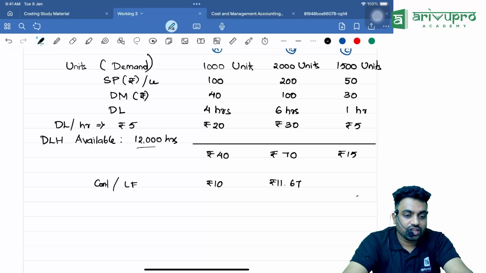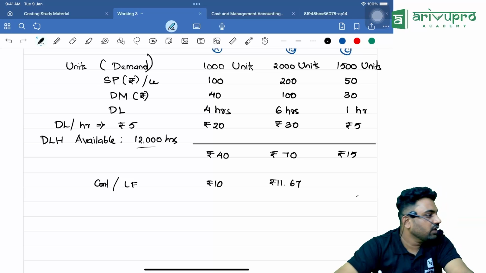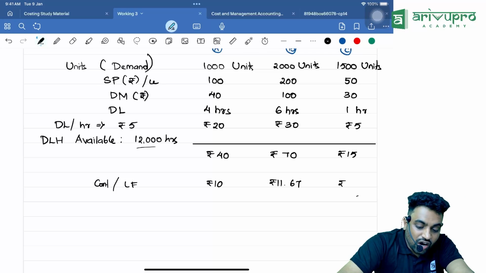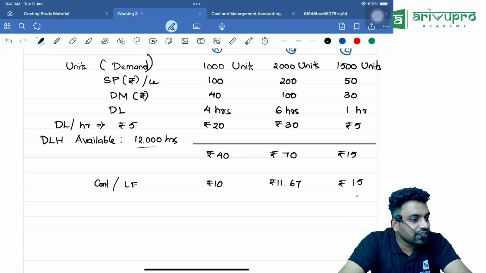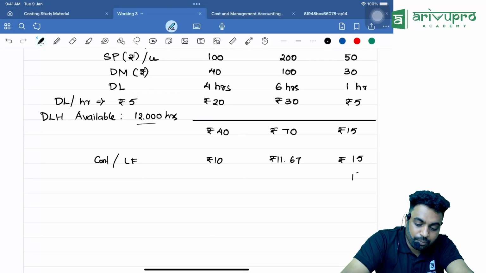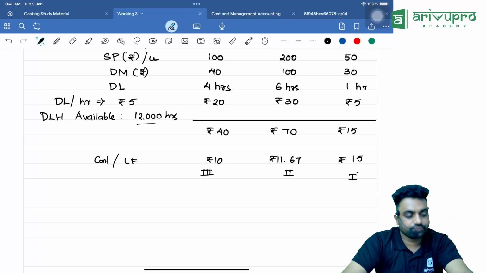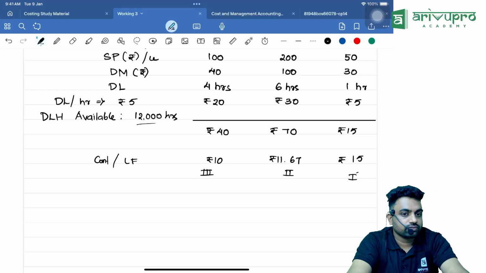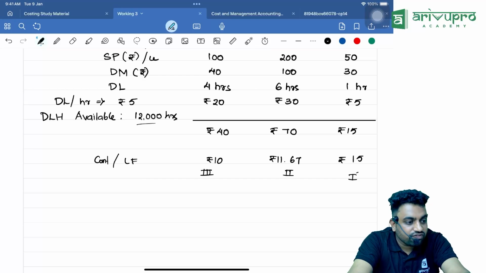C. 15 rupees per unit you can get. Each and every unit will take only 1 hour of labor. So contribution per unit of labor is 15, which means the ranking should happen like 1, 2, 3. The decision should be taken on the basis of contribution per unit of limiting factor.